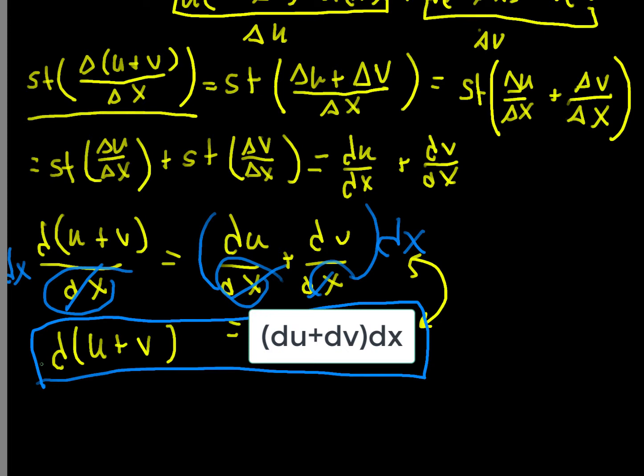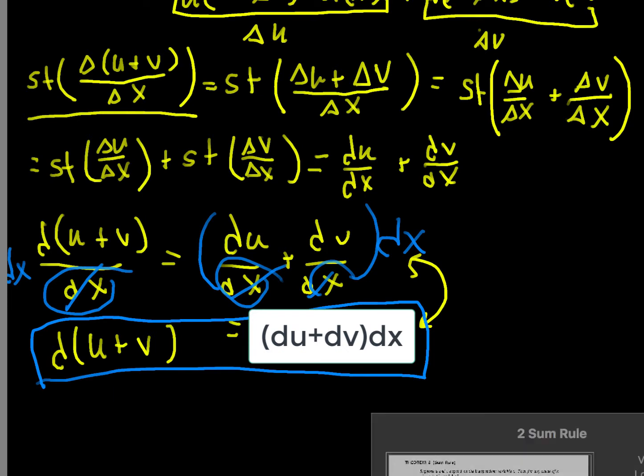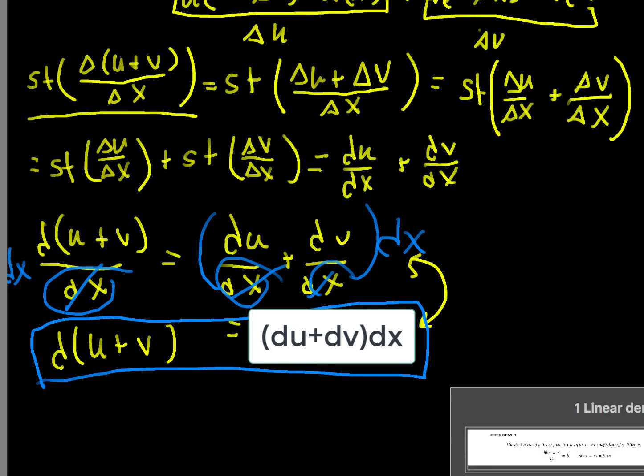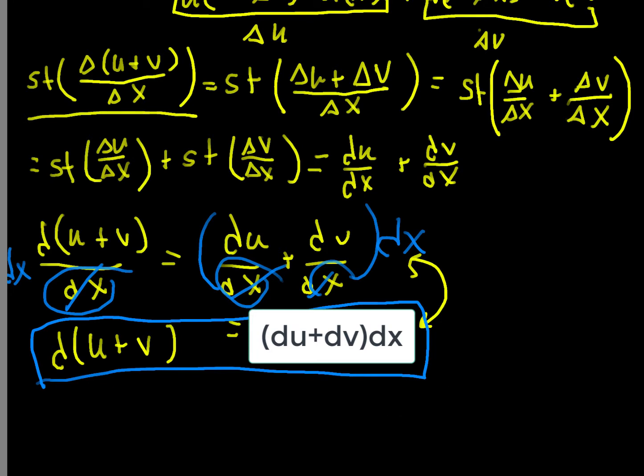So now we know how to deal with a line. We know how to deal with it if I add two functions together and I happen to know their derivatives. And from there, we need one more piece before we can get to how to deal with polynomials in general.